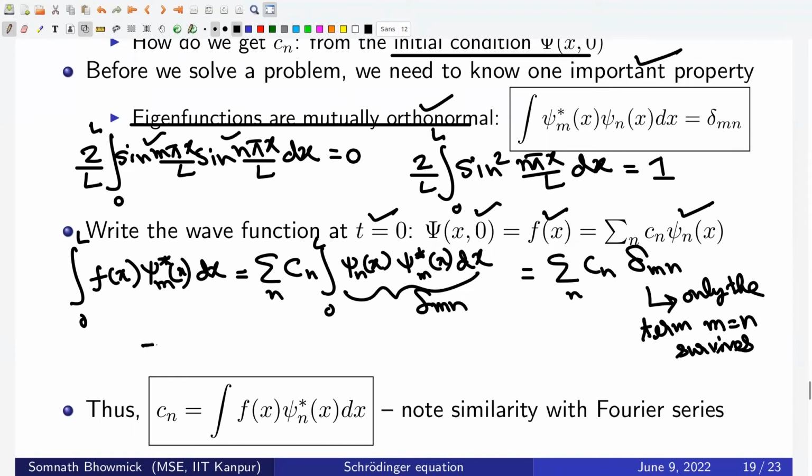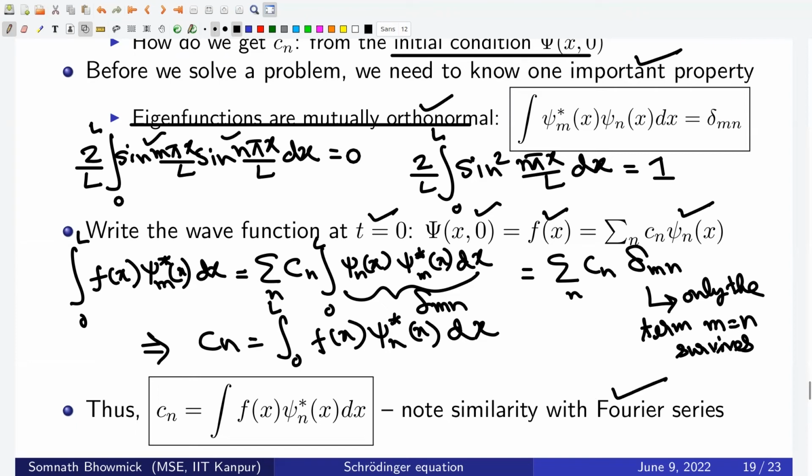So in that case, we can just write Cn as the integral from 0 to L of f of x psi n star of x dx. Note the similarity of whatever we have done so far with the Fourier series.